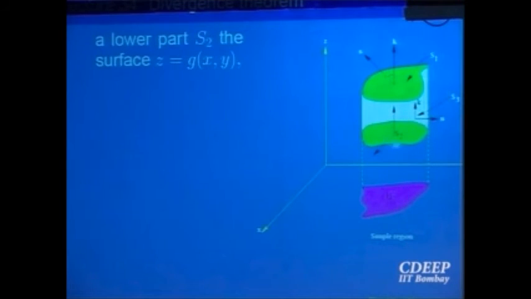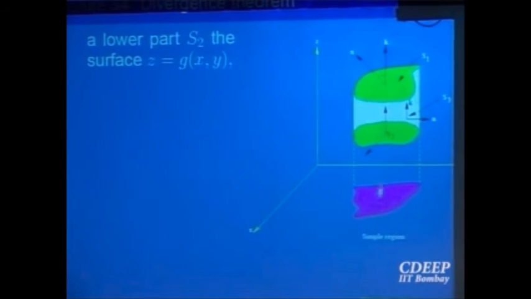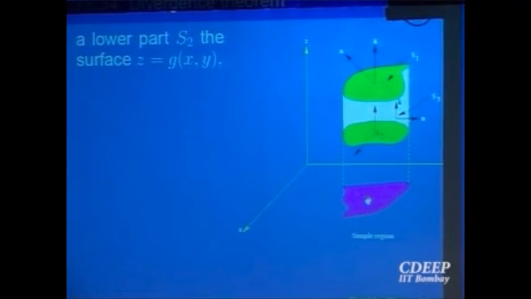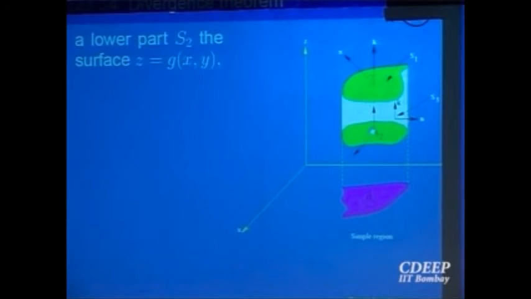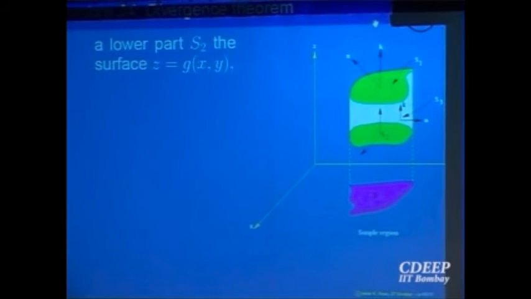This is my surface, a closed surface. At the bottom, this is the projection onto the xy plane. At any point, when you go vertically, it enters at this point, goes up to here and then goes out of the region. Any vertical line will start entering at a surface here and go out at a surface. The bottom we have called S2, and the top is S1.